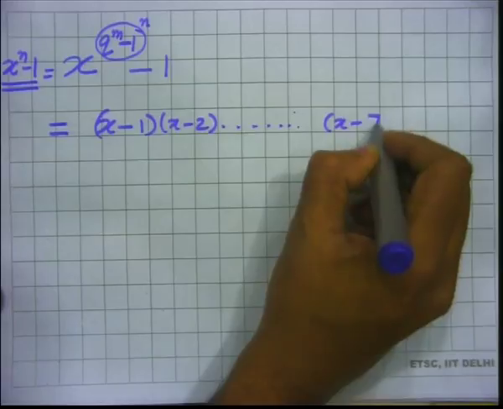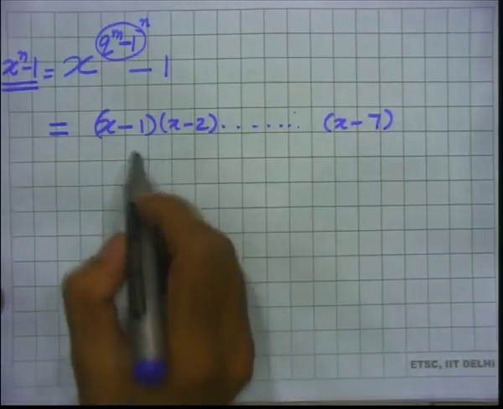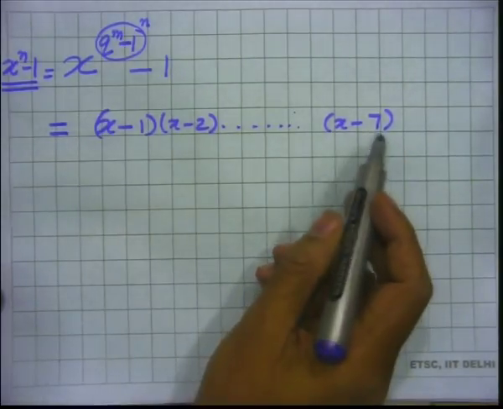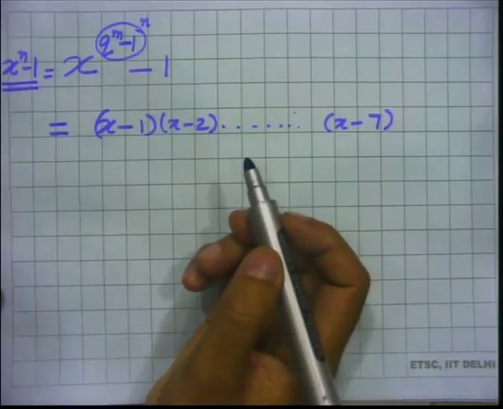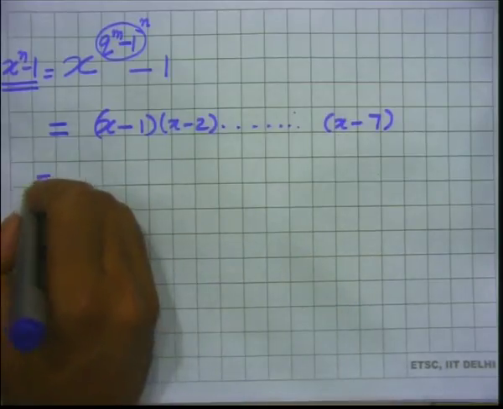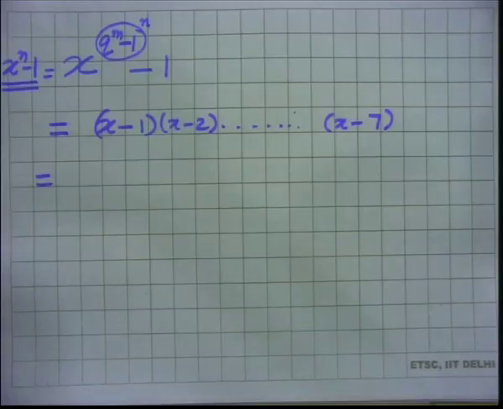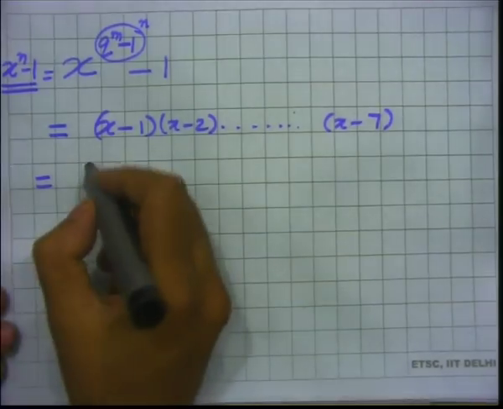to x minus 7. But we can also write the elements of GF8 using polynomials, if you construct them, and we have done an example before.